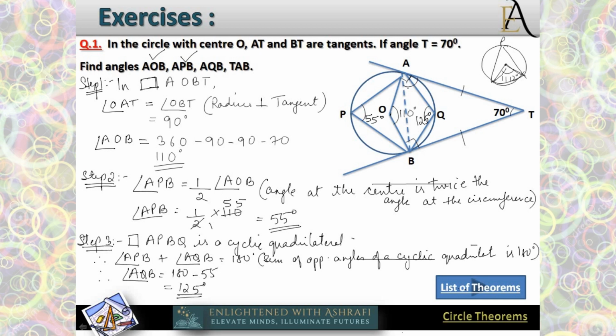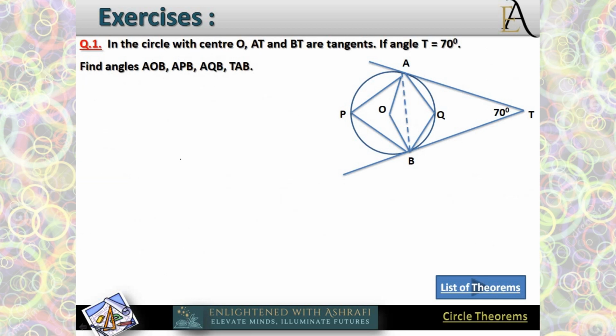Now we got this as 125 degrees. Now what is left is TAB. To find out TAB, we know that, so we got this angle as 110.